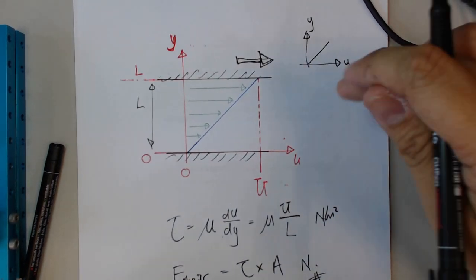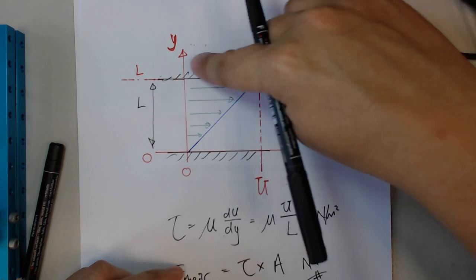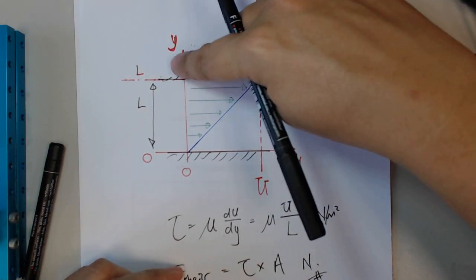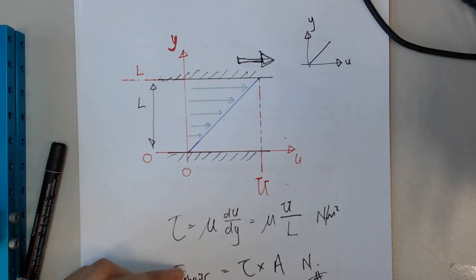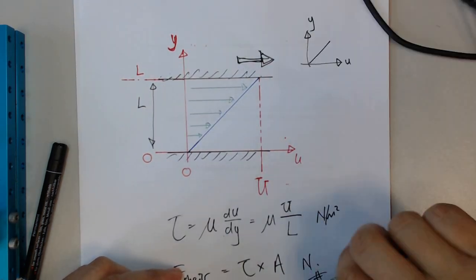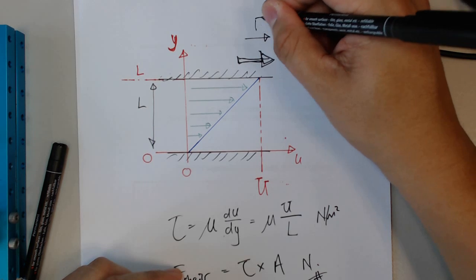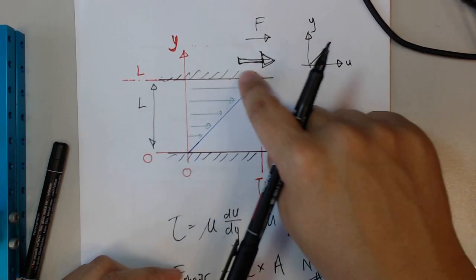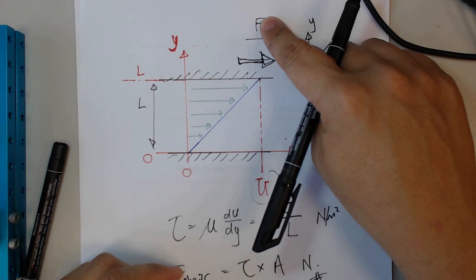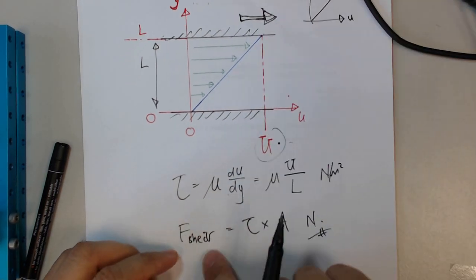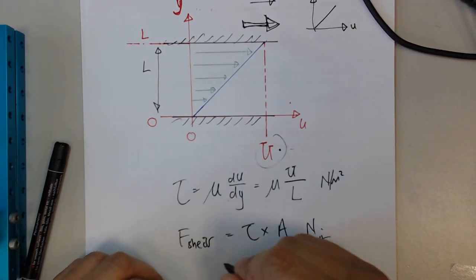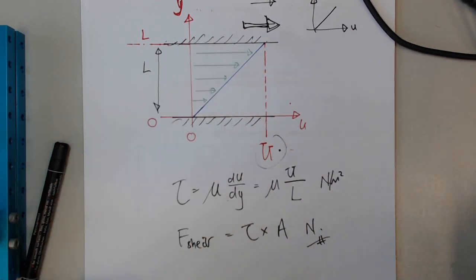So if this is a moving surface, and it moves because of a force that is pulling from left to right to make this surface move at the velocity capital U, this pulling force will be your shear force, because this is the force that is used to overcome the shear stress.